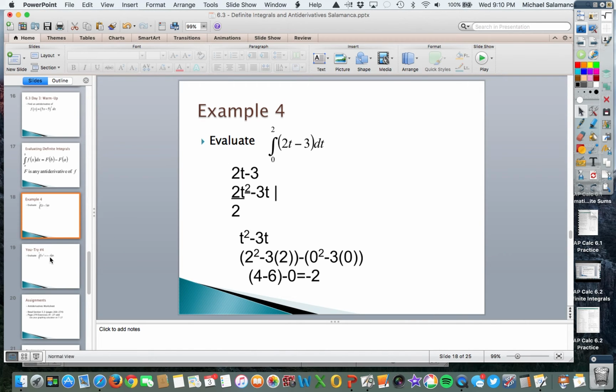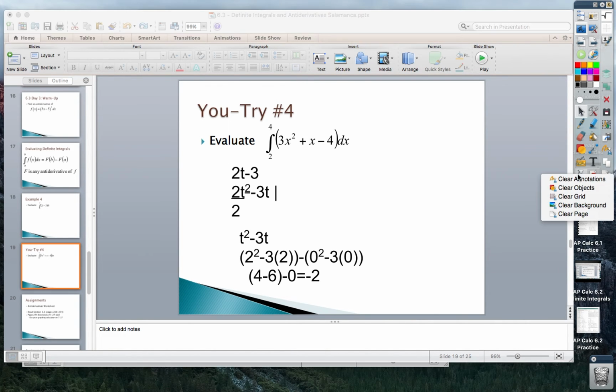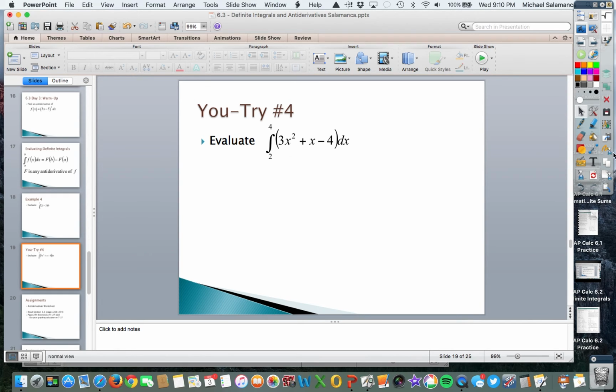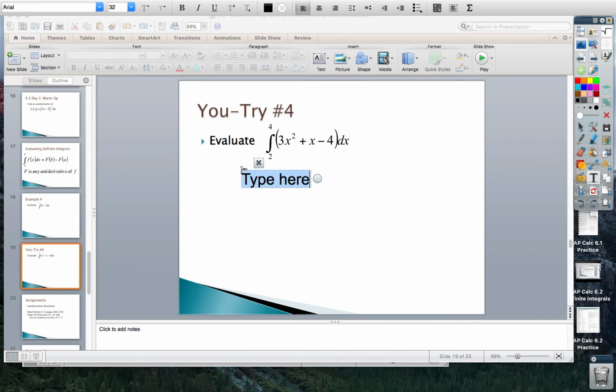Number 4, we have the following function. We have 3x squared plus x minus 4. So when we find the antiderivative of this, we're going to have 3x cubed, remember we're adding 1, divided by 3.